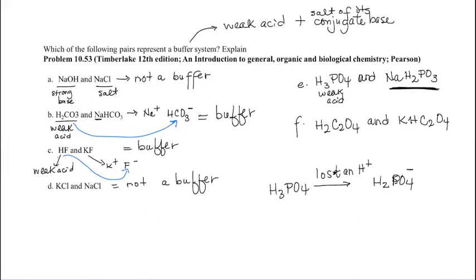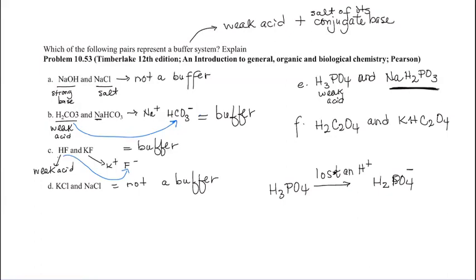I'm not trying to be tricky. I'm trying to train your eyes. But didn't you say that ionic compounds, so a salt, is a metal plus a non-metal, or a metal and a polyatomic ion, right? So that has a metal, which is a sodium, and then a polyatomic ion, which is the H2PO3. No?